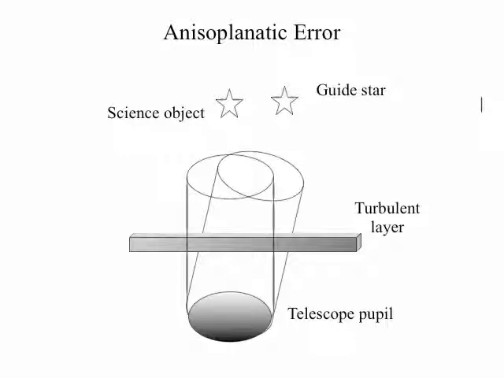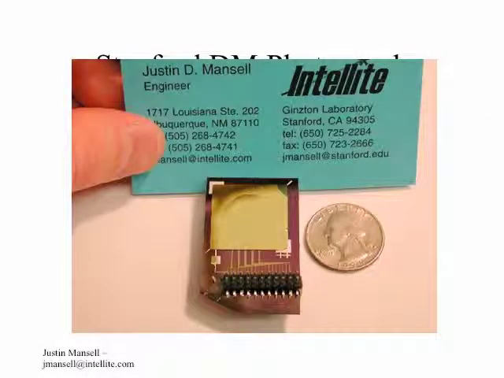And we flex the main mirror of the telescope in a dynamic fashion to compensate for this turbulence layer. This is an example of a very small mirror that flexes, and this technique to compensate for aberrations in the wavefront, particularly for dynamic aberrations in the wavefront, we call adaptive optics.